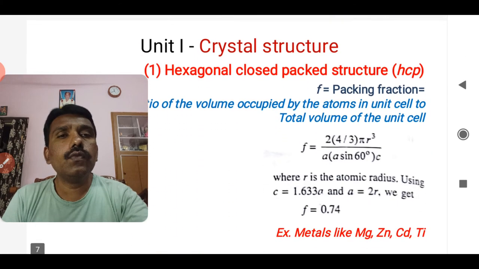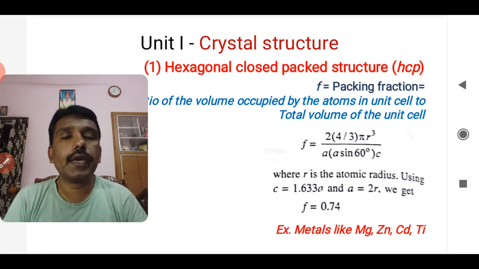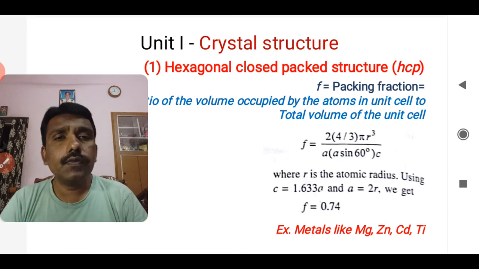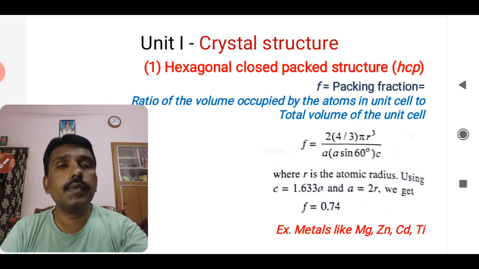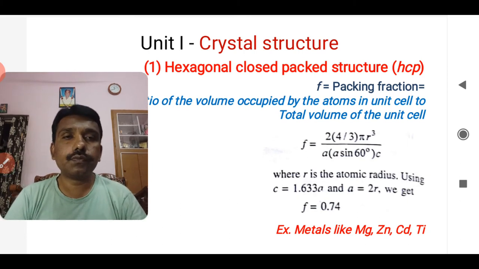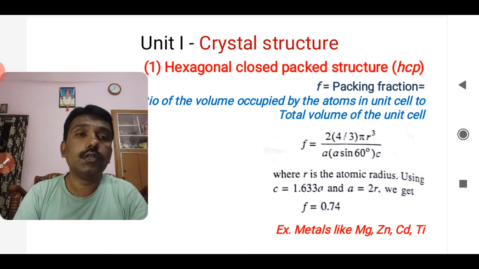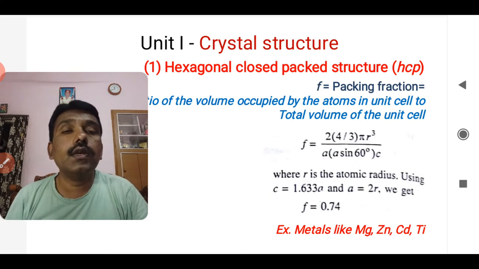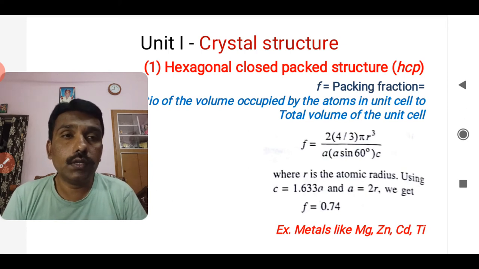Moving forward, if I want to find the packing fraction in this case, first we have to understand what is meant by the packing fraction. It is simply the ratio of the volume occupied by the atoms in the unit cell to the total volume of that unit cell.